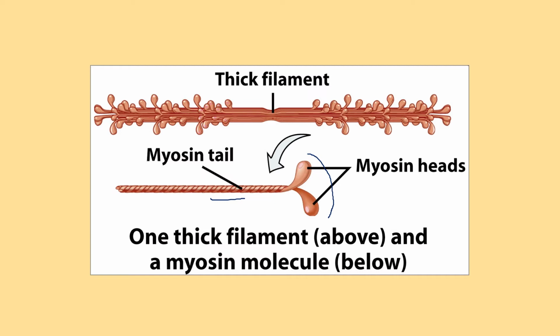And then they're bundled together into a thick filament. It is important to note that the tails all face the interior of the filament and the heads all stick out, so it's sort of like a bottle brush. These heads are going to play an active role in muscle contraction. They will physically bind to, they will physically connect with, the thin filaments.